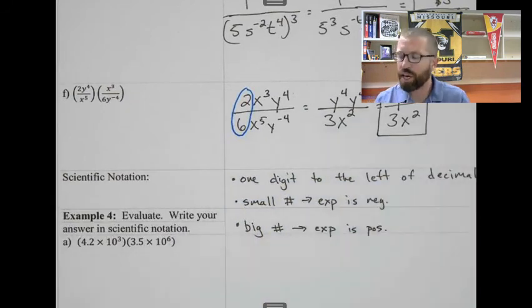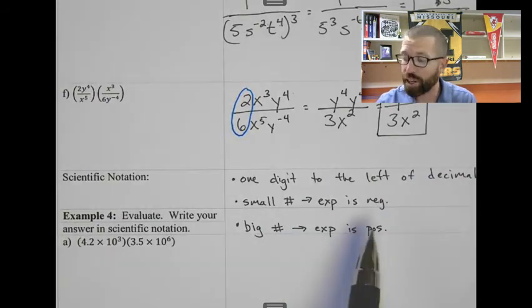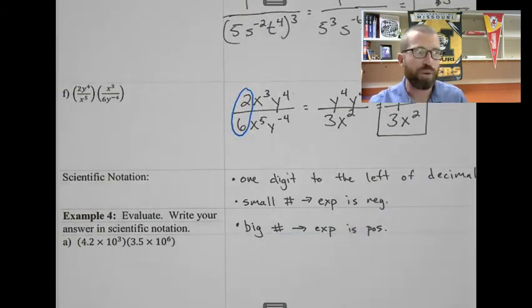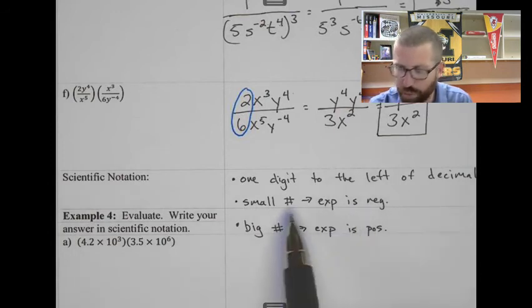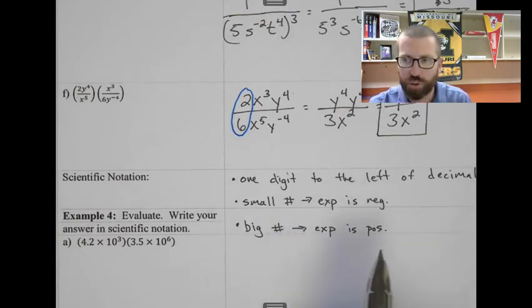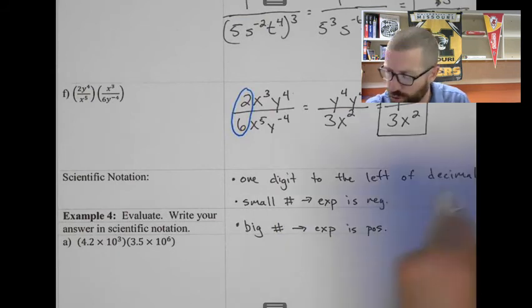And the reason why I say to do it this way and not like thinking left or right, because left or right is kind of relative to where you are. And so that's very confusing to kids and just to people in general. Where if you think, well, if it's a small number, like 0.00005, that's like a small number.